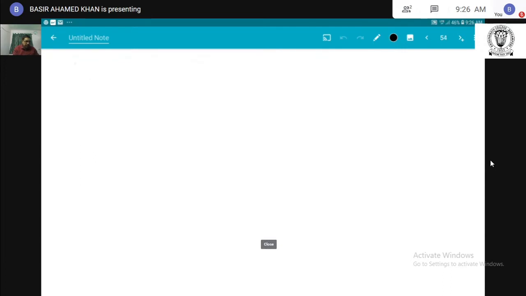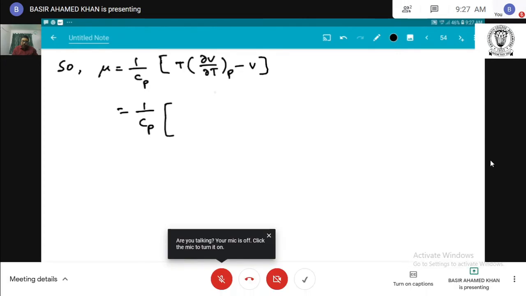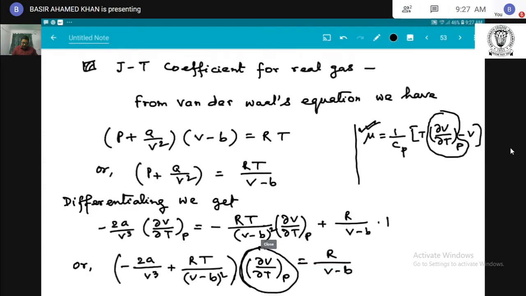So we have mu equal to 1/Cp [T (∂V/∂T) at constant P − V], or 1/Cp third bracket, we have to put the value of ∂V/∂T at constant P. Here ∂V/∂T at constant P means R/(V − b) divided by this quantity.